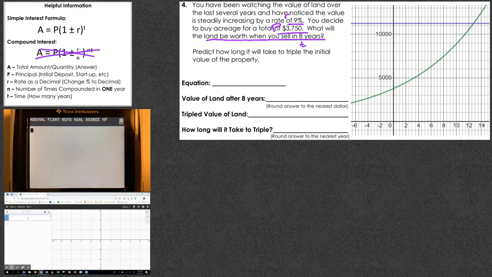So 9% divided by 100 would equal 0.09 for our rate. So our equation is A equals 3750, open parentheses 1 plus our rate of 0.09, close parentheses, and time was 8 here. So if we plug that into our calculator, which I've done for you, you can see what the total is.